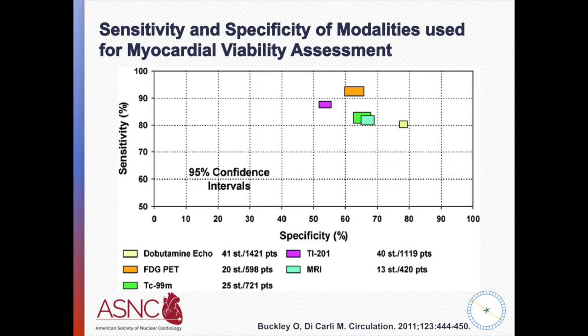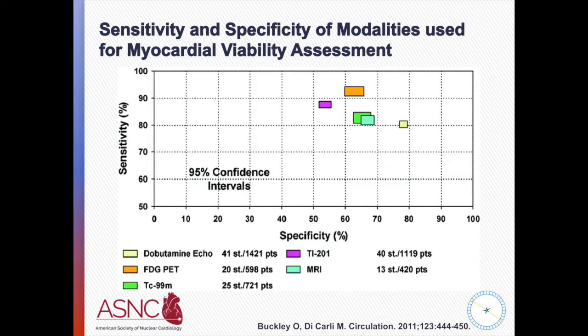On the other hand, dobutamine echocardiography, which you'll see at the bottom right, is the highest in terms of specificity, but has quite a bit lower sensitivity. So when choosing tests for viability assessment, it's important to keep in mind the strengths and limitations of the different imaging modalities that are available.